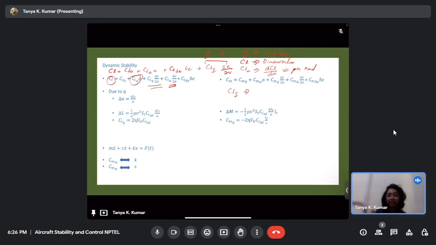Now tell me what is CLQ. The derivative CLQ, how is it defined? Like CL alpha was dCl by d alpha. We saw a question in your assignment, and last session as well.